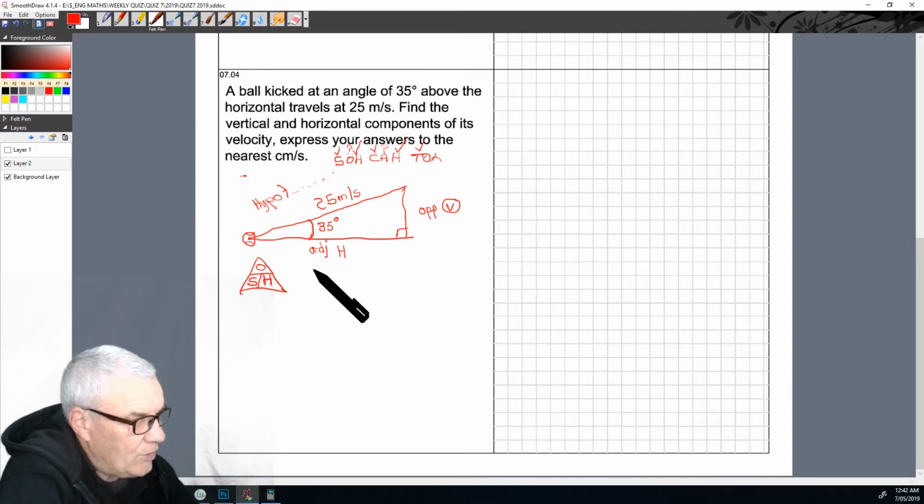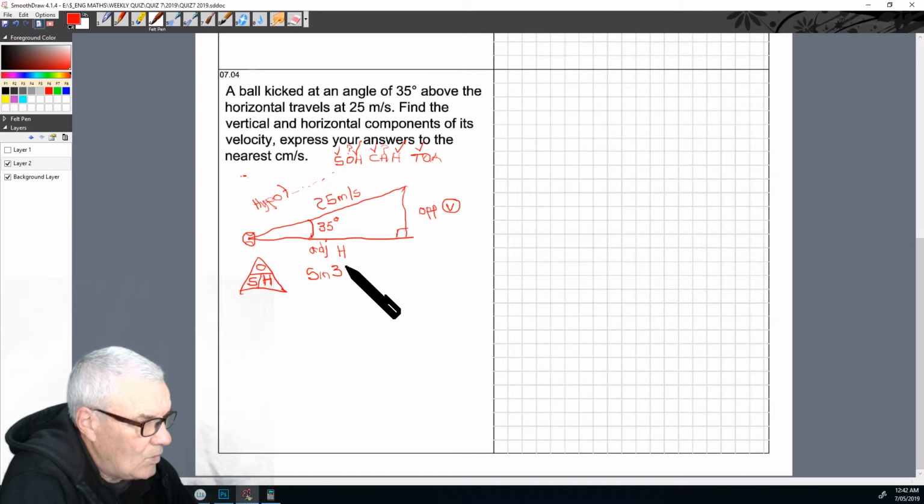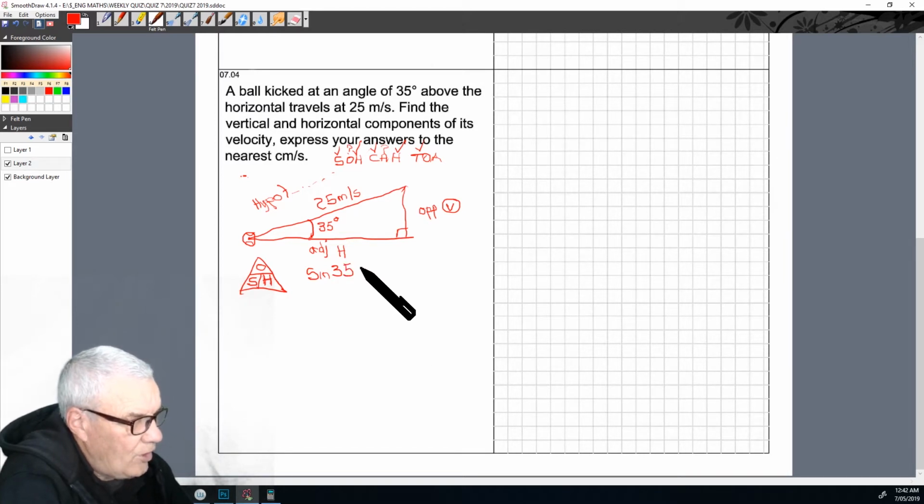So therefore we're going to go sine 35 times 25 equals.